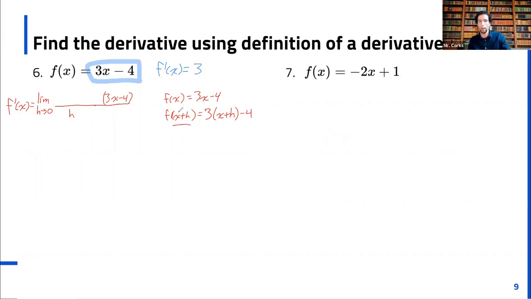Whatever's inside the brackets for the function f of whatever, you just replace your variable with that thing. So that's 3 times x plus h minus 4. And then that whole thing minus f of x, minus 3x minus 4, and all over h.